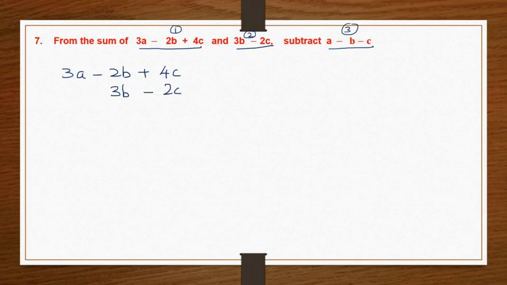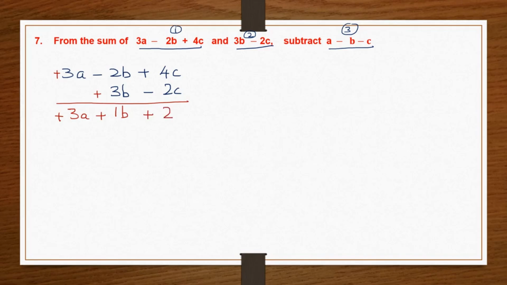Okay, so let's find the sum, add up all these. So here we have plus 3a, so that becomes just plus 3a. Let's go to the next column. Signs are different. Put the sign of the bigger number and subtract. 3 minus 2 is 1b. Third column, signs are different. Sign of the bigger number and subtract.